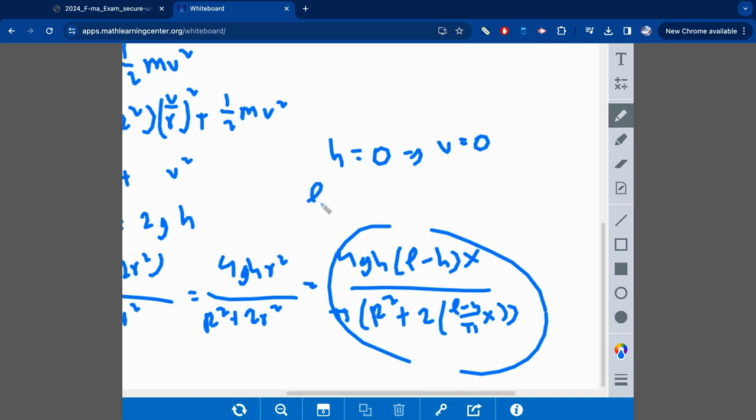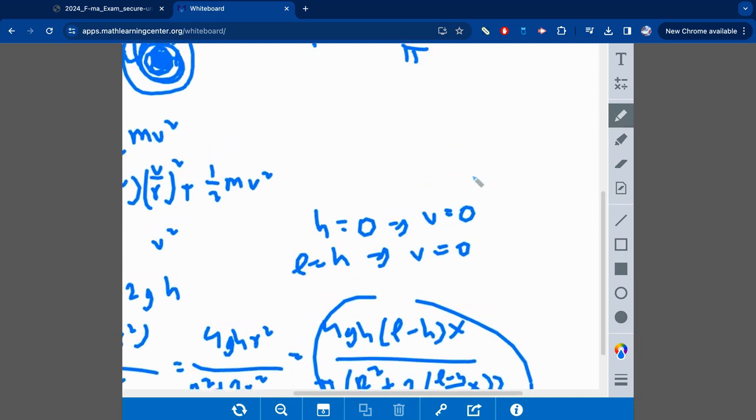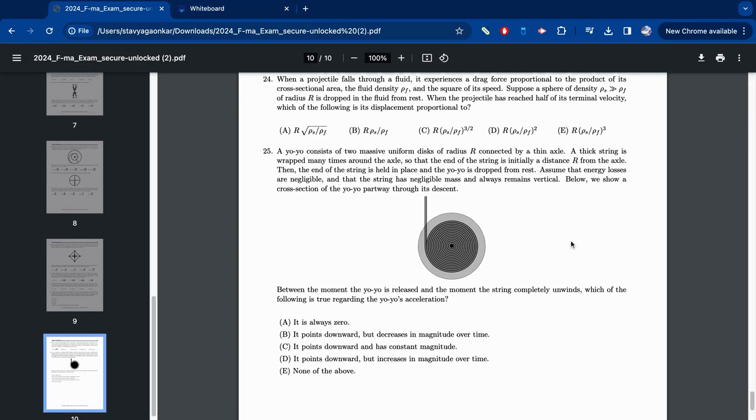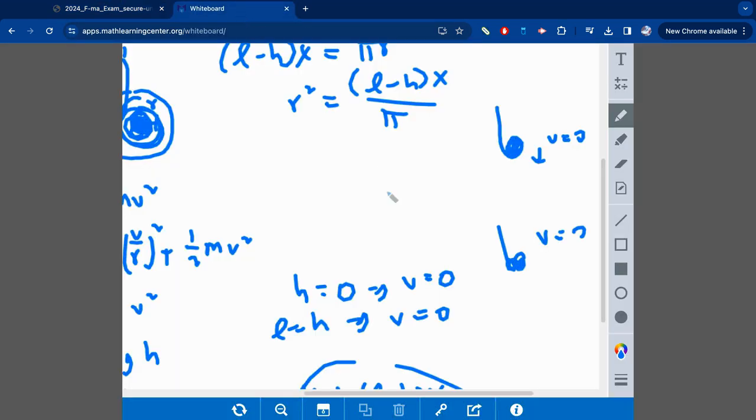And if we plug in L equals h, v is also going to be 0. Which means that when we initially drop the yo-yo, the velocity is 0, and when the string completely unwinds, the velocity is also 0. Which means that B through D are all wrong, because if the acceleration is always downward, then v can't be 0 at these two times.